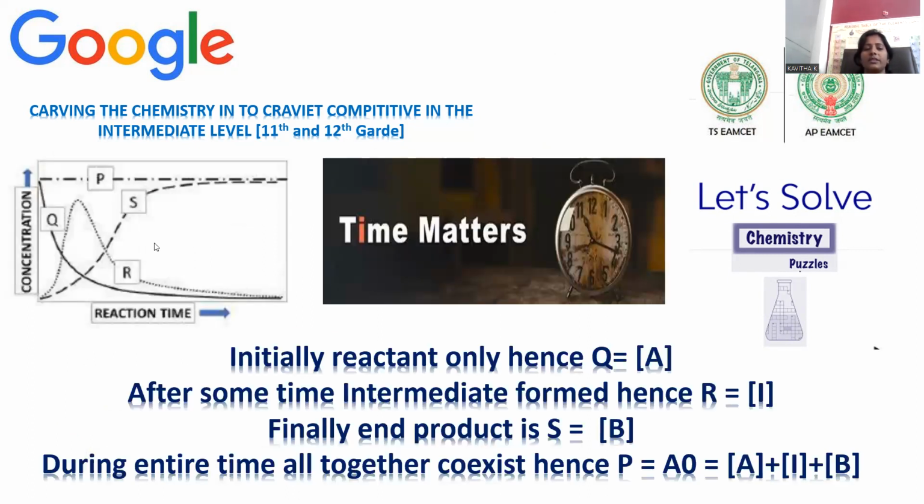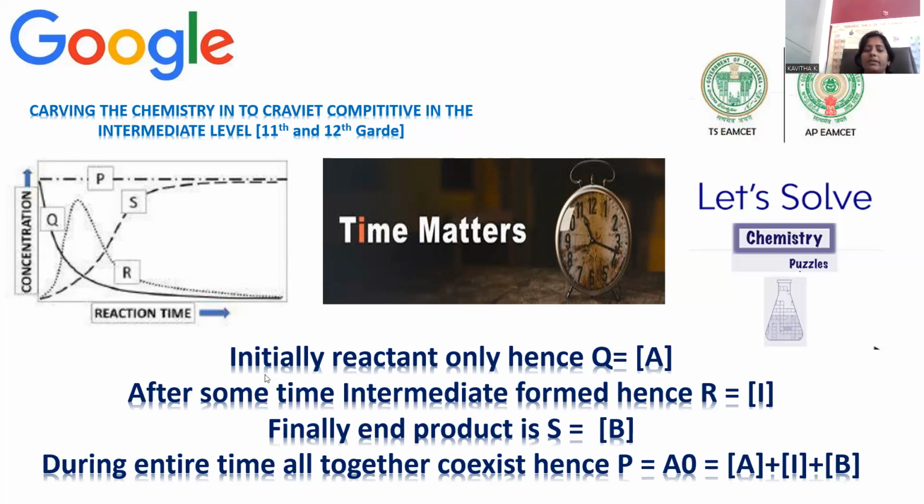Let's see how we can justify this. To explain this graph, time is a very important factor, being chemical kinetics: in what way the reaction changes according to time. As time passes, the reactant is converted into intermediate, the intermediate into product, and they coexist at a particular instance. Everything depends upon time, so it is kinetics, right?